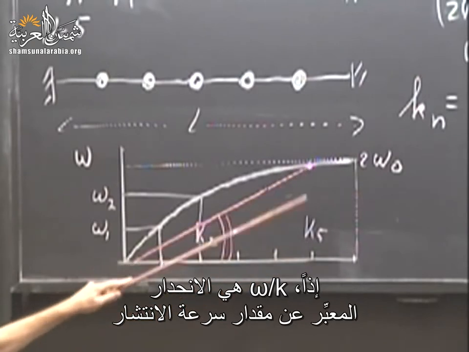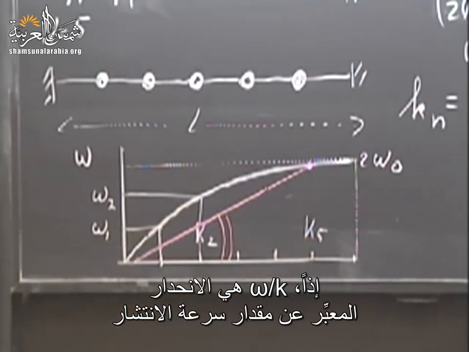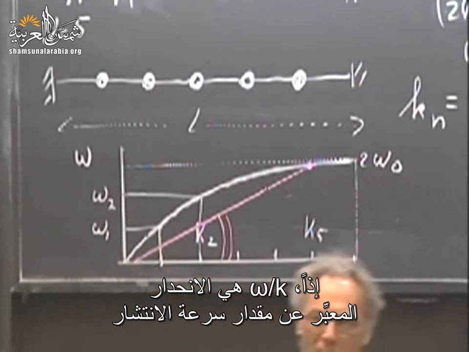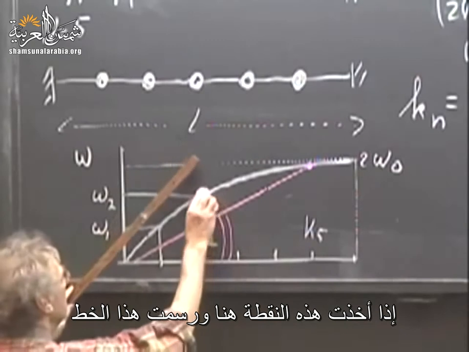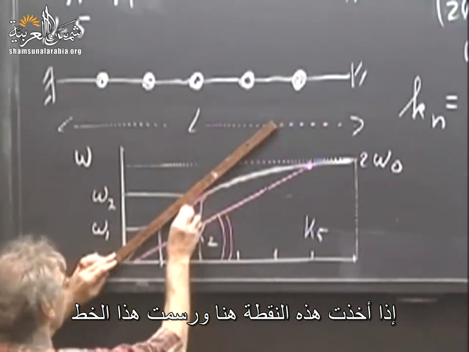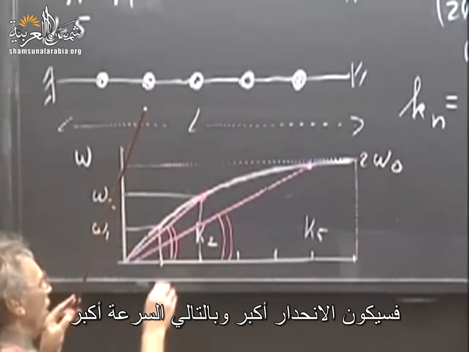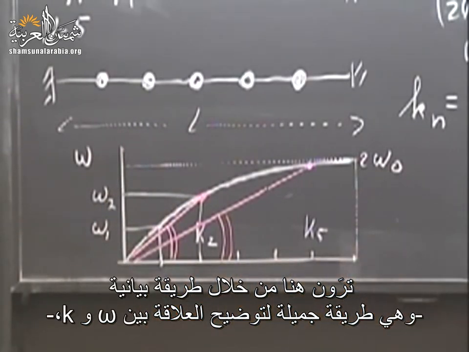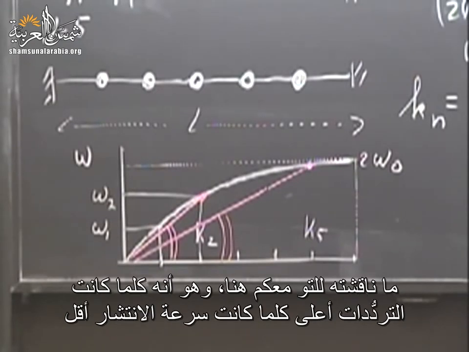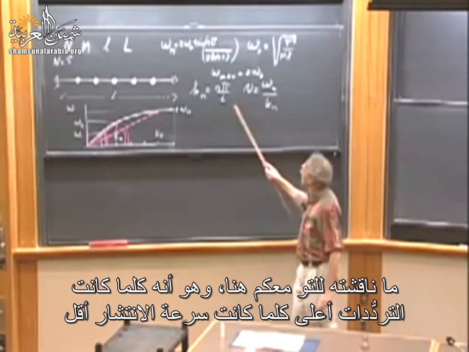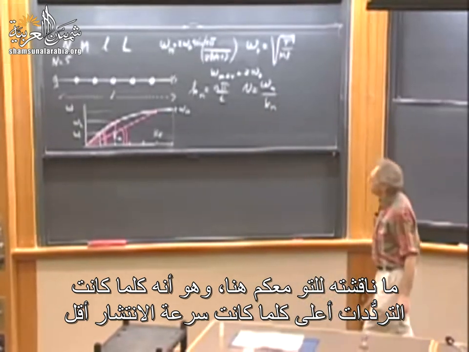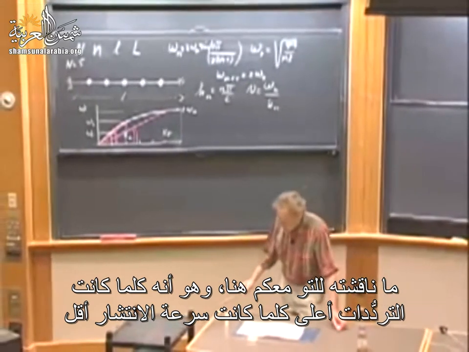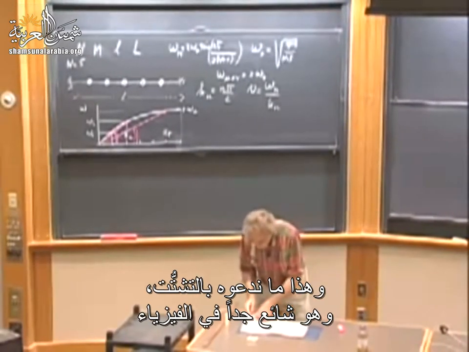So omega divided by k, the slope, is a measure for the propagation speed. And you see that if I go to this point here, and I draw this line, that the slope is larger, and so the speed is larger. So you see here, in a graphical way, which is always very nice to use, omega-k diagrams, what I already argued with you here, that the higher the frequency, the lower the speed of propagation. And that is what we call dispersion.